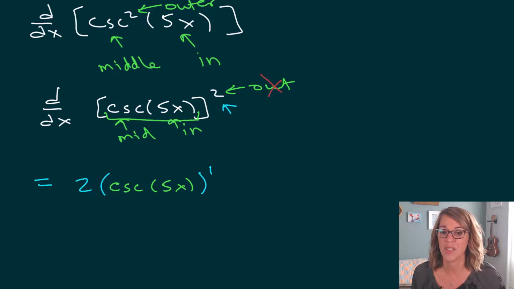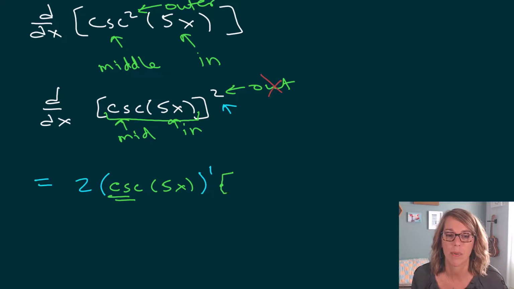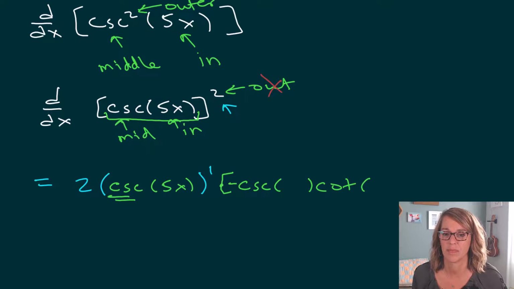Let's go ahead and do now the derivative of the middle function. The middle function is my cosecant function. The derivative of cosecant is negative cosecant cotangent. I'm going to put this in a square bracket. So it's going to be negative cosecant cotangent. That takes care of my cosecant function.